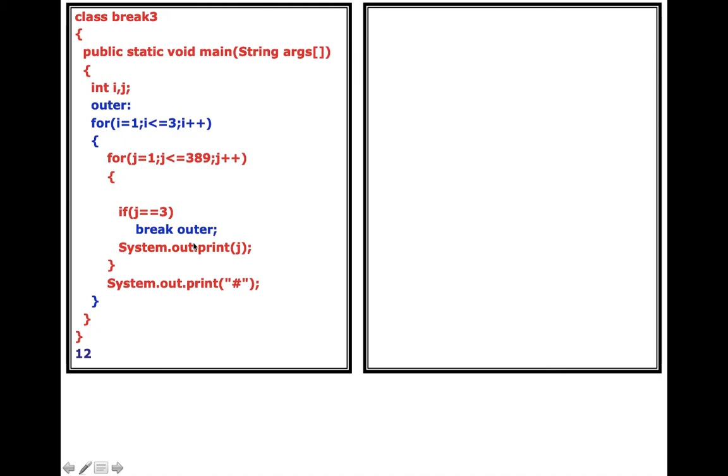But now because outer is already over here, this is a labeled break, and what the labeled break does is it terminates the block having the label. So break outer will terminate that block whose label is outer. In other words, it will terminate this for i loop. After the for i loop nothing is there, so the output stops at 1, 2. I hope you understood this.